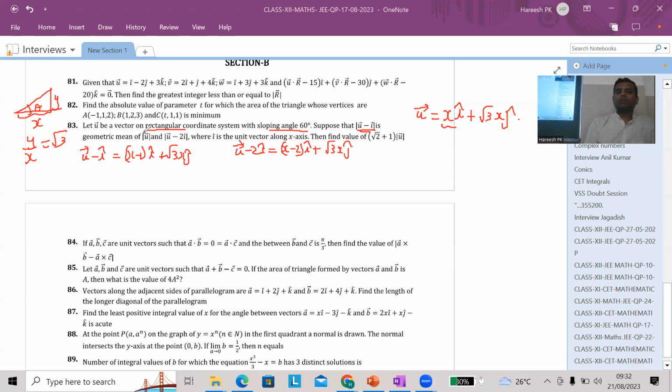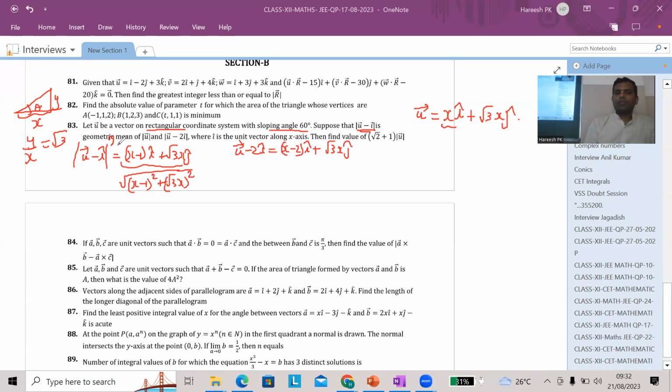So now, which is the geometric mean? This one, the magnitude, is the geometric mean. What is mod of this? Mod will be root of x minus 1 whole square plus root 3 x whole square. Now, if this is the geometric mean, what does it mean?